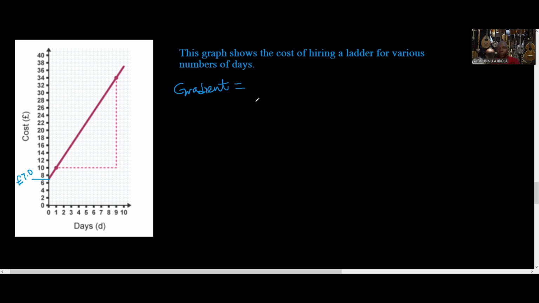Gradient equals change in y over change in x. That is change in the cost over change in the days. And if you look at this, this is going to give us cost per day.